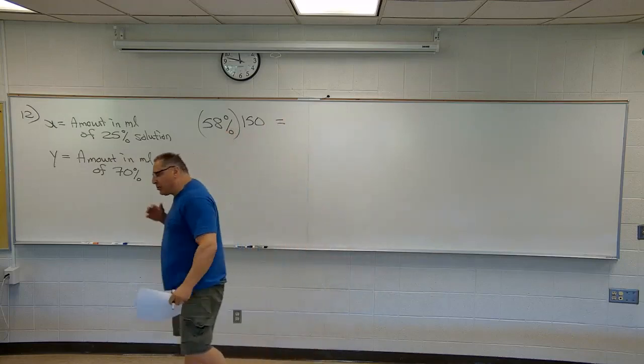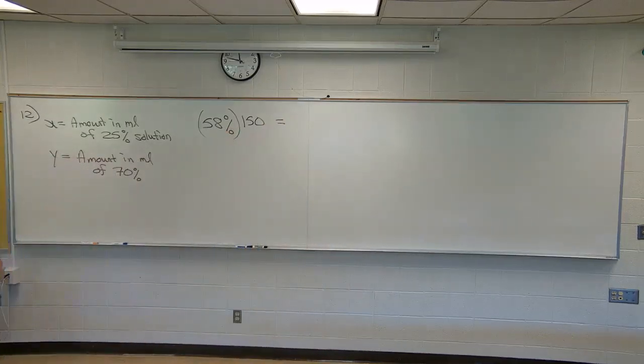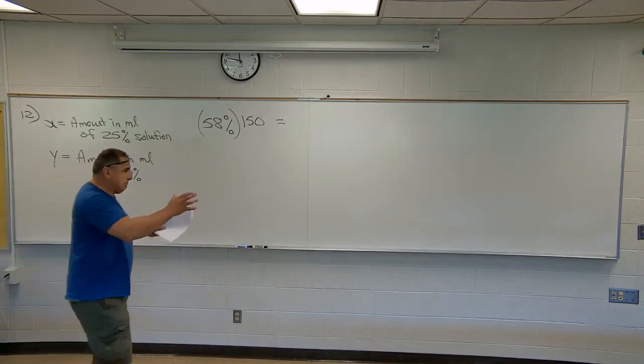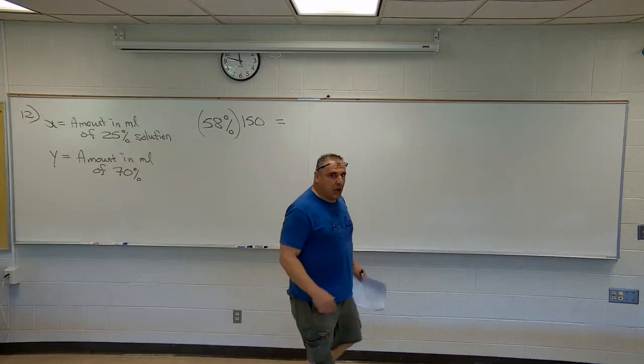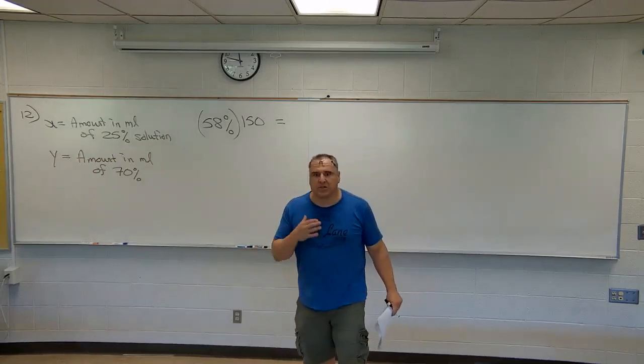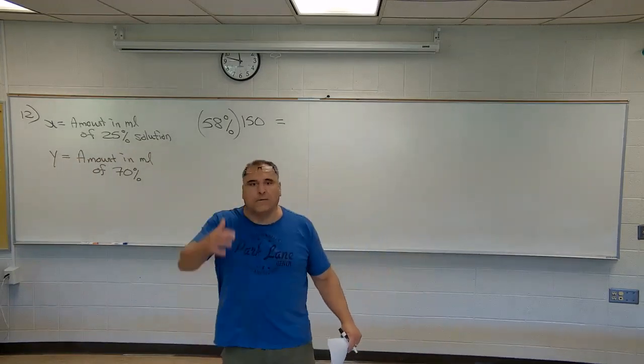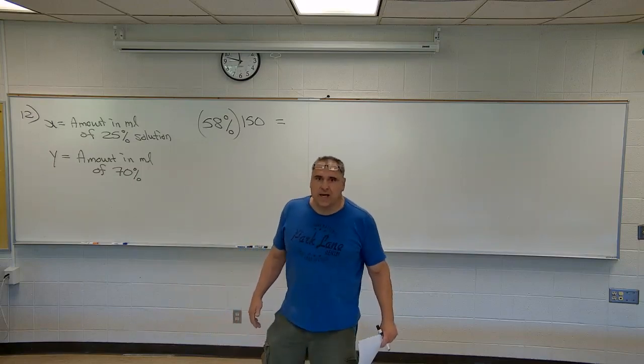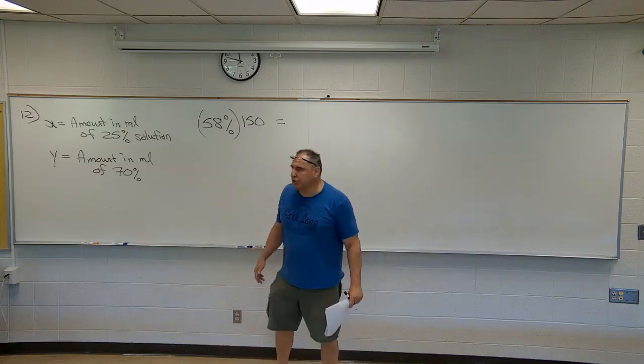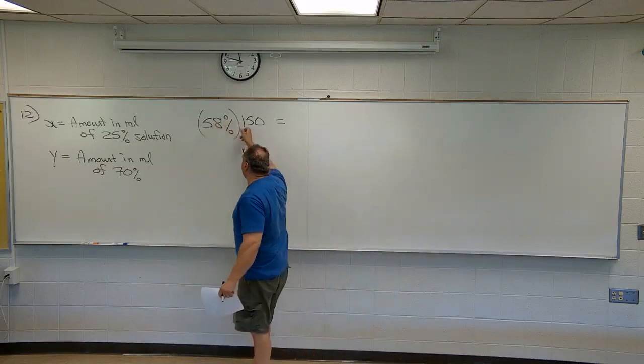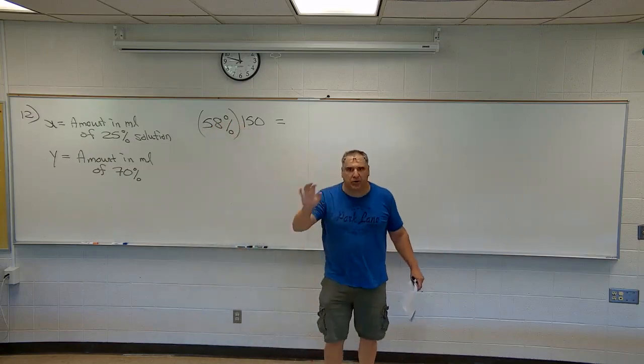If it were a 100% solution, all 150 milliliters would be substance A. If it's a 58% solution, it's 58% times 150. That's pure substance A.